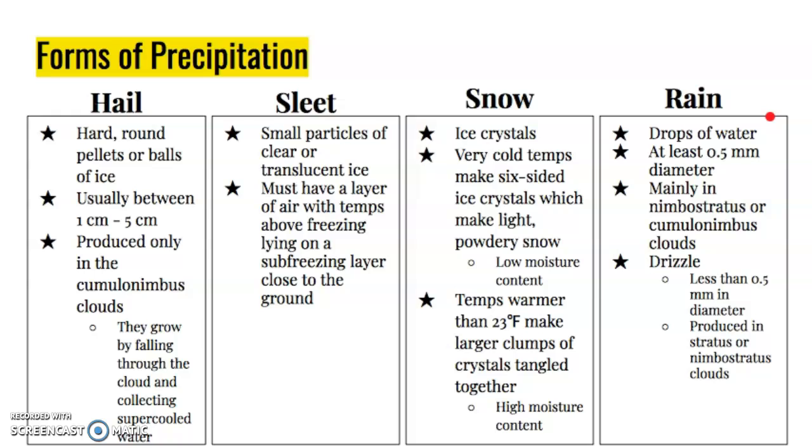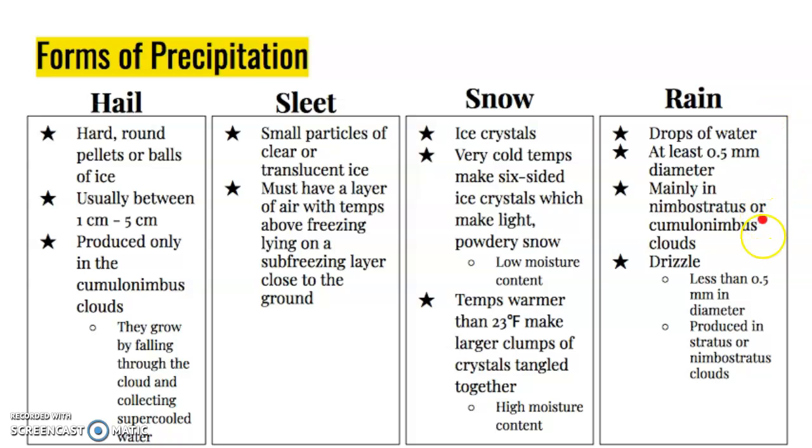They come from mainly nimbostratus and cumulonimbus clouds, although the cumulonimbus clouds can sometimes produce what's called cloudbursts, and they cause heavy rainfalls. So these cloudbursts come and dump a bunch of rain, and then it's over.